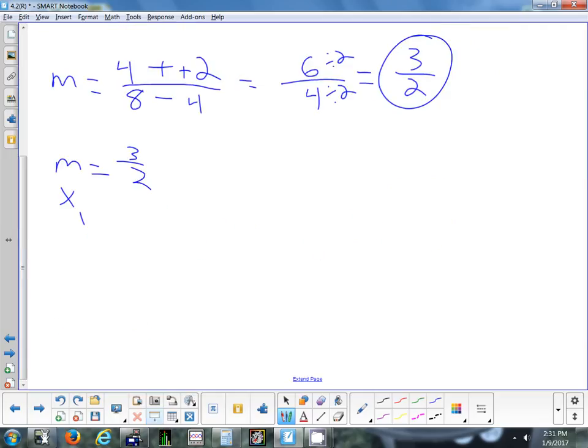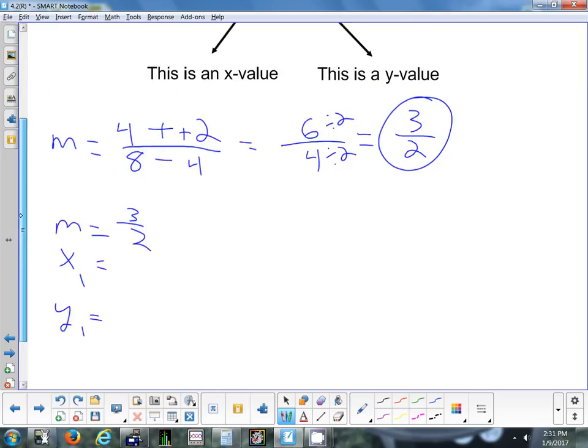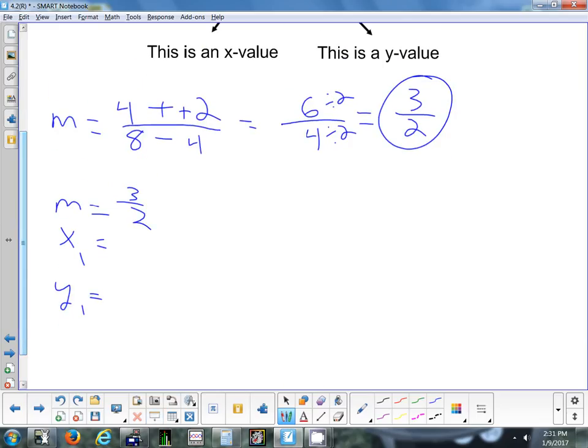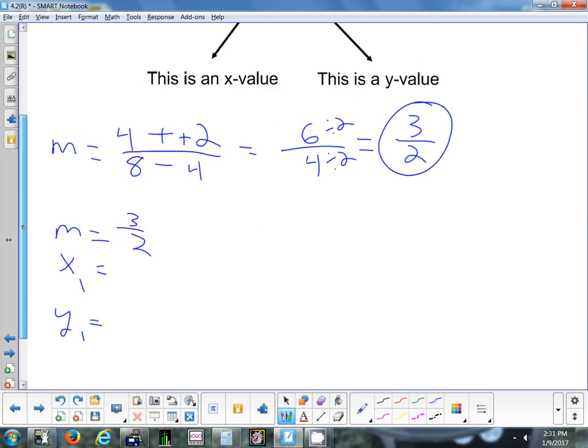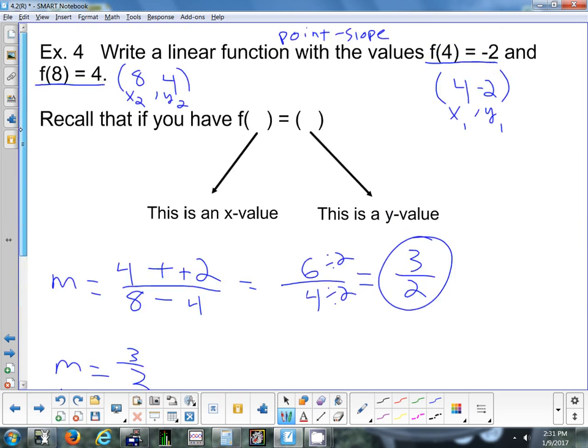Now, to write my final answer, I need an x1 and I need a y1. Does it matter which coordinate I use? Yes. No. No. Use this one? Or use this one? I said try to use numbers that are what?